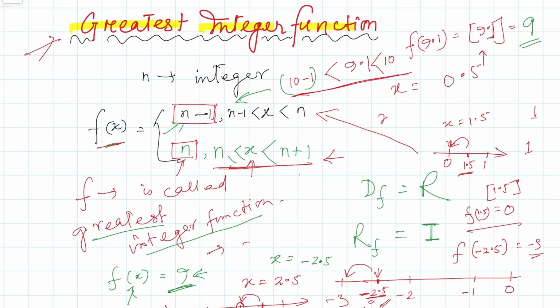That is all about the greatest integer function. So that's why the range is the set of all integers, and the domain is the set of all real numbers.